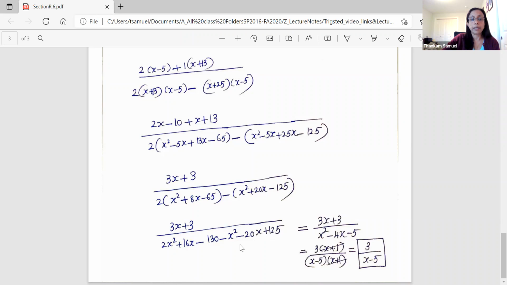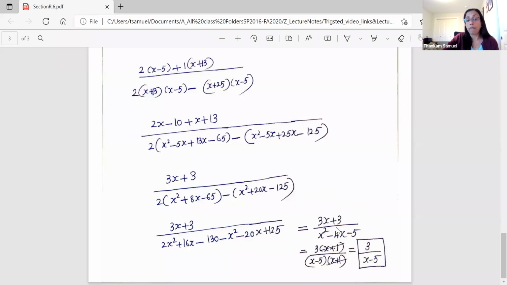Now you can combine the terms in the denominator. 2x squared minus x squared is x squared. Then 16x minus 20x is minus 4x. Then negative 130 plus 125 is negative 5. So we got the expression as 3x plus 3 over x squared minus 4x minus 5.